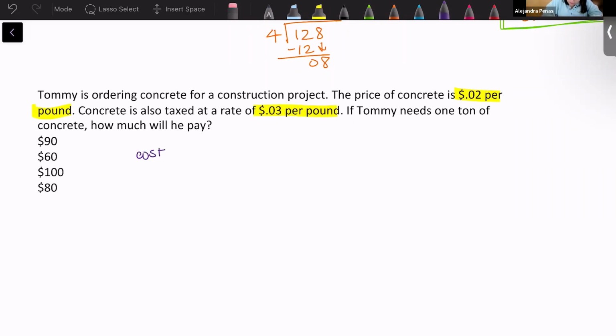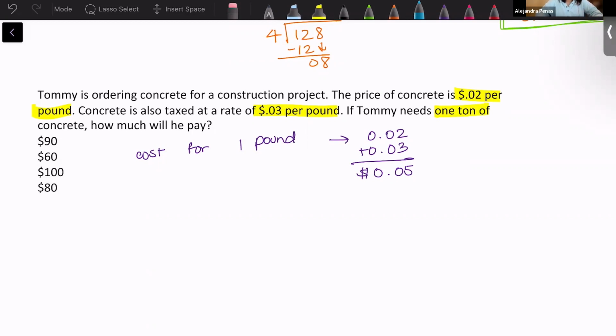The cost for 1 pound, taxes included, is going to be the 0.02 plus 0.03. So it's going to cost him 5 cents for every 1 pound. Now, how much does he need? He needs 1 ton. So how many pounds are in 1 ton?